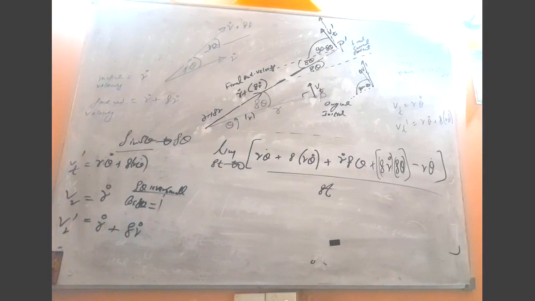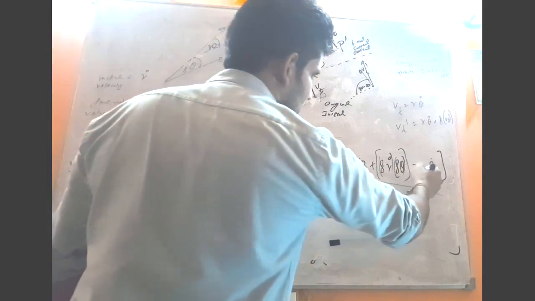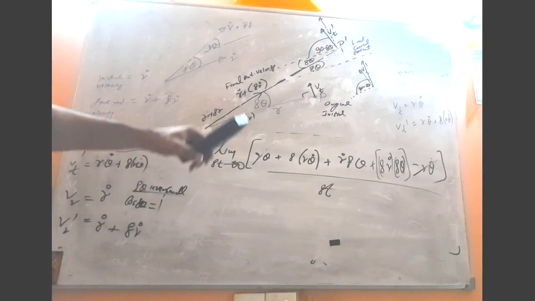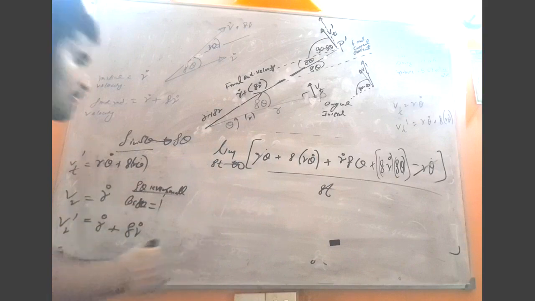delta t. Right. So now you can very clearly see that this r theta dot, you can cancel. Right. So then what are the remaining components?